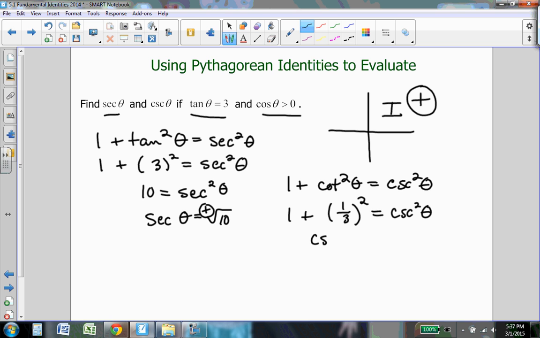So that means that our cosecant squared is 9/9 plus 1/9. So altogether that is 10/9. And take the square root of both sides, and we have the square root of 10 over square root of 9, which is 3. So there's our cosecant of theta.